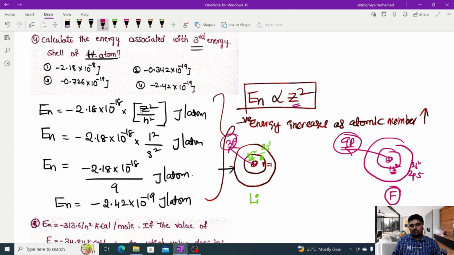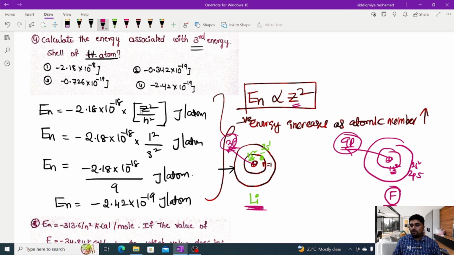So here the first electron in lithium is loosely bonded, not tightly bonded as in the fluorine atom, where the first orbit electron is tightly bonded, correct?